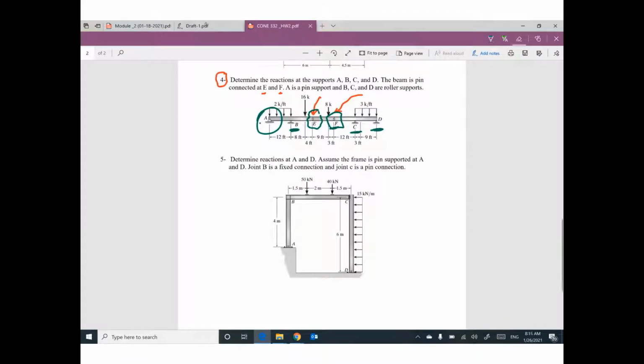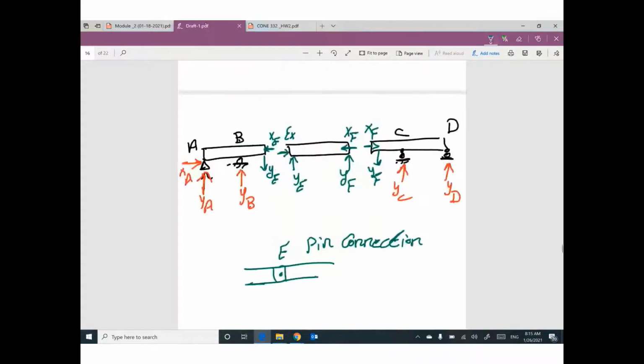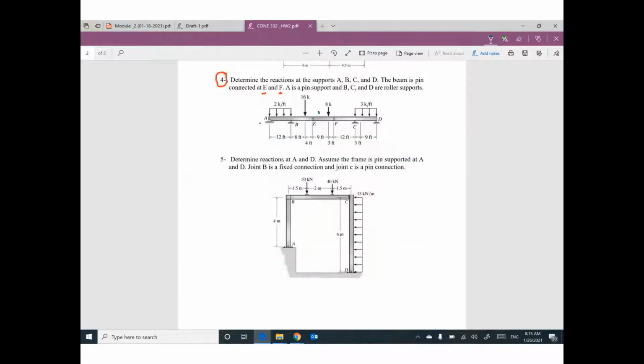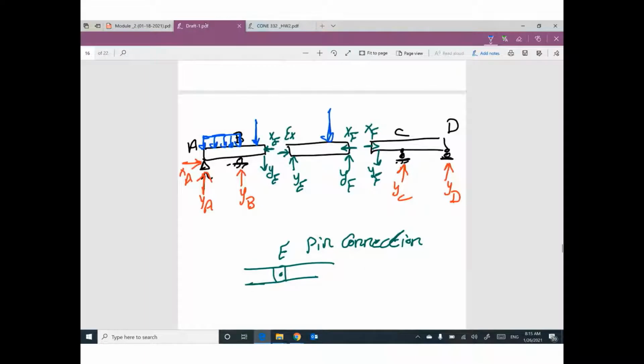What do you have else? The applied load. We have uniform distributed load, we have concentrated load, all of this stuff. So we need to put distributed load here and 1 concentrated load here. 1 concentrated load here and uniform distributed load here.